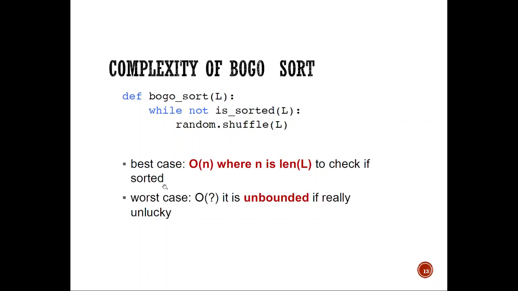In the best case, we would need to check n times, which is for every element within the list. However, in the worst case, it is actually unbounded because you can randomly keep on shuffling the elements infinite number of times. Therefore, this is the least efficient sorting method.